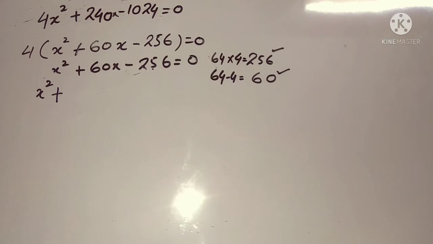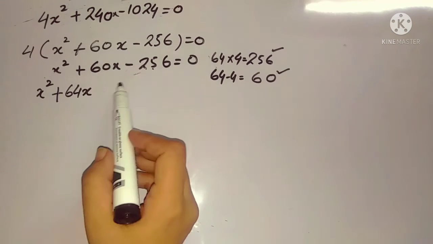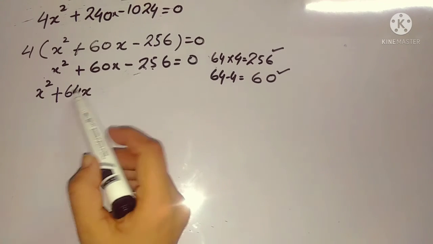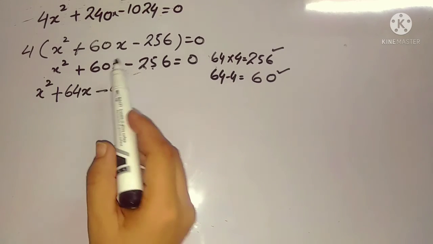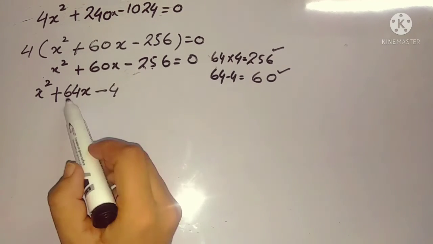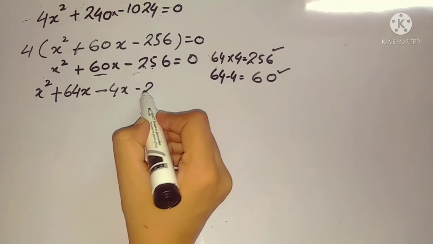So the bigger factor is 64, so write down 64x. Now you have to choose the other sign. As you want plus 60, the other sign should be minus, because when you subtract 4 from 64, you will get 60. So I have written two factors in place of this mid value. Now write down the last term as it is.